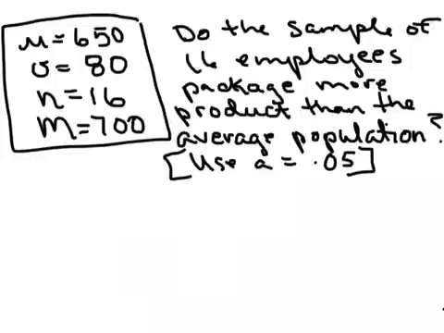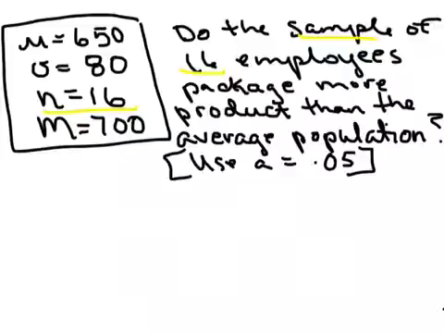The first thing that we want to do is try to find the important information that we need. First of all, a sample of 16 employees, we know that's our n equals 16. I gave you the population mean, population standard deviation, as well as a sample mean.